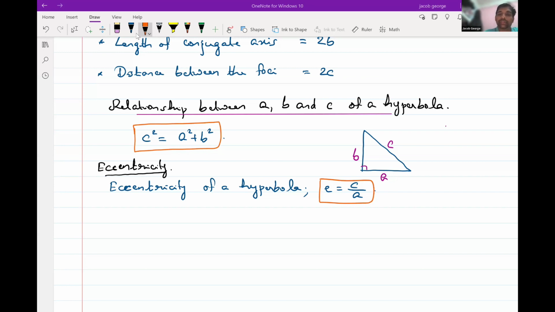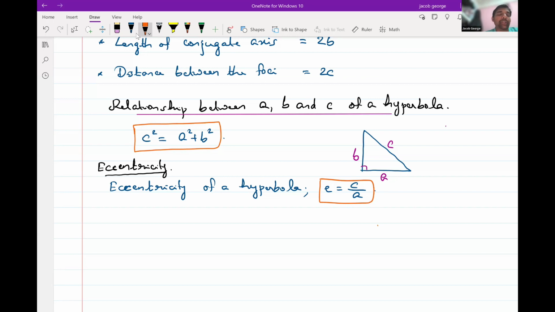The eccentricity of ellipse is greater than 1 or less than 1. How will you identify? Look at C and A. In ellipse, C is smaller than A, so in ellipse eccentricity was less than 1.